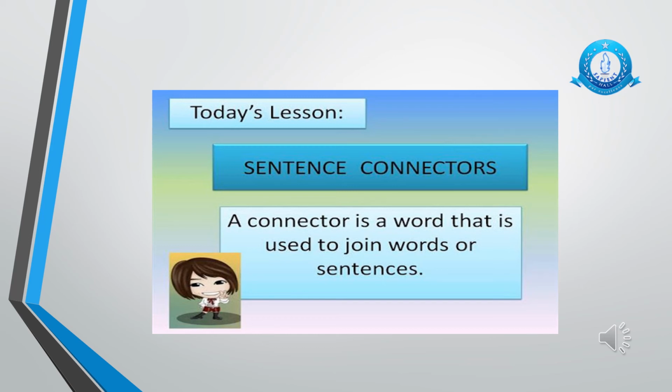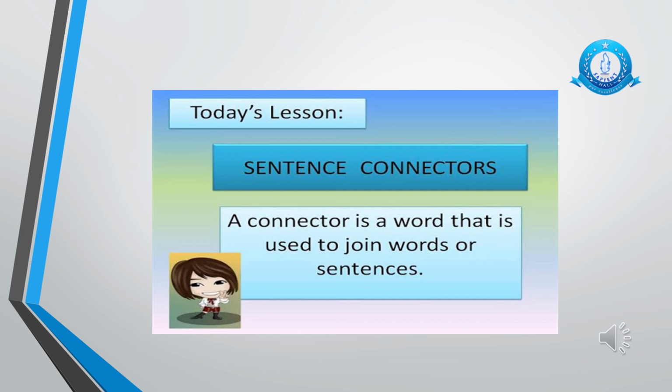If we want to make our writing or our speaking more sophisticated and fluent, the sentence connectors help us in doing so. For example, Mercedes car is very expensive. A lot of people buy it. These are two separate sentences that share a common idea, so we can use a connector to make it look more fluent and sophisticated.